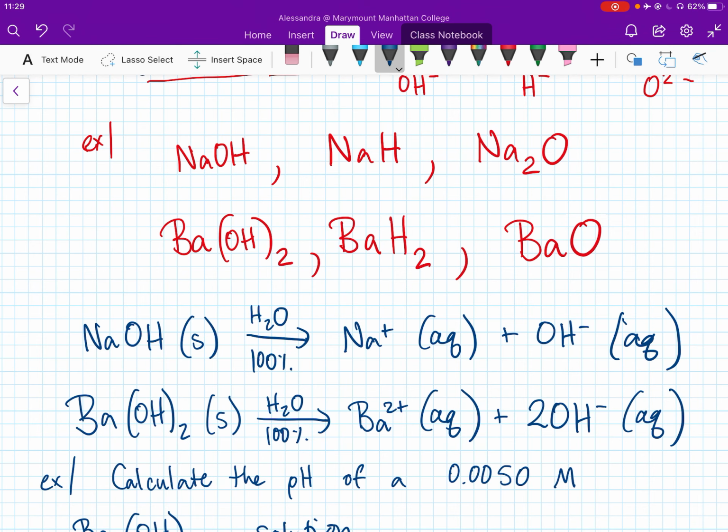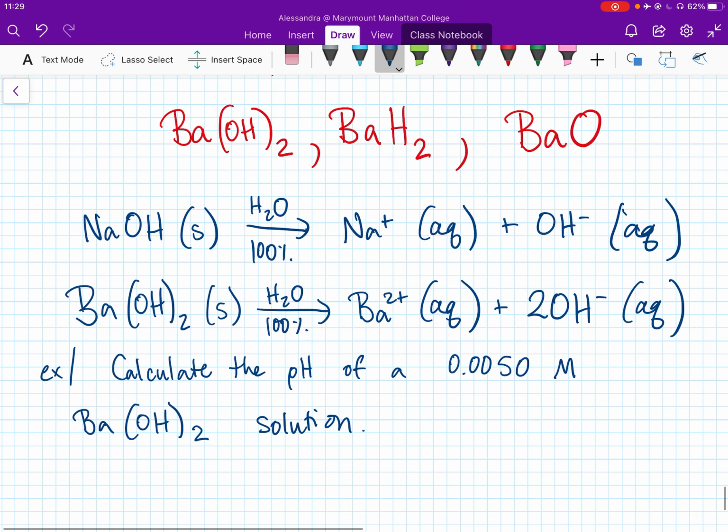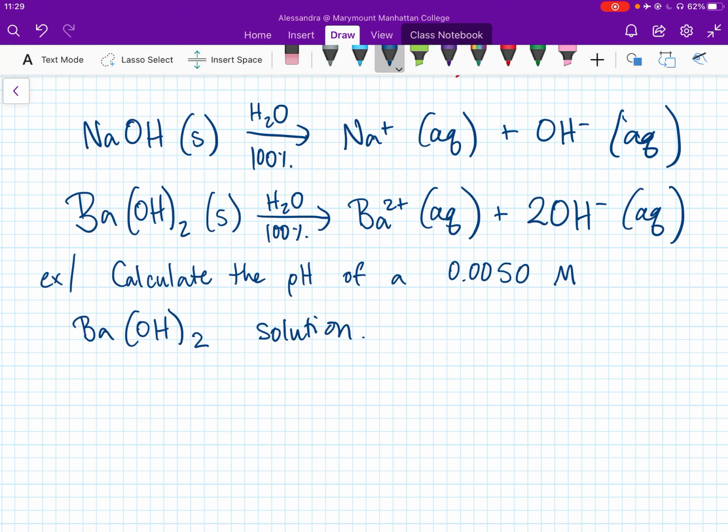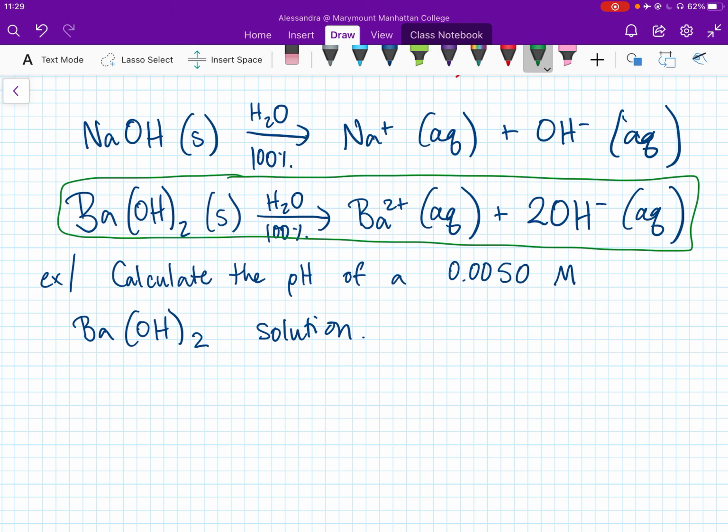So we have to bear this stoichiometry in mind when we do calculations for strong bases. For example, let's calculate the pH of a 0.0050 molar solution of barium hydroxide. You really need to think about the stoichiometric ratio. So you have to write down the dissociation reaction, because that will help you to see that for every mole of barium hydroxide, you have 2 moles of hydroxide coming out into the solution.